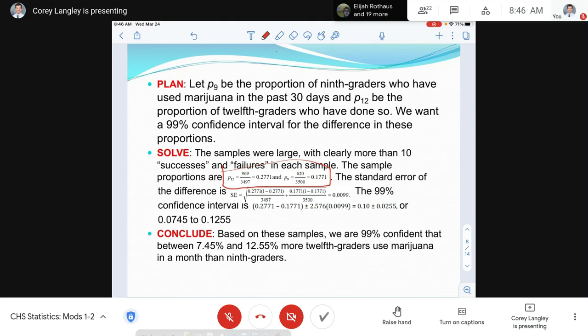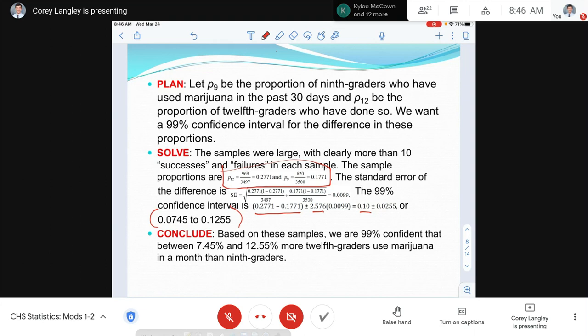So at the center of our confidence interval is the difference between the two proportions, turning it into 10%, 0.10. There's our Z star for a 99% level of confidence, 2.576. So that gives us a confidence interval of about 7.45% to 12.55%.